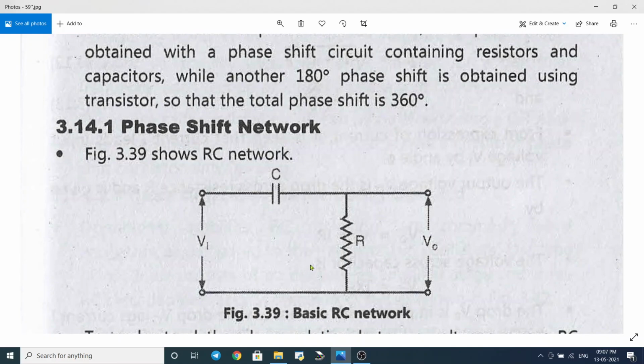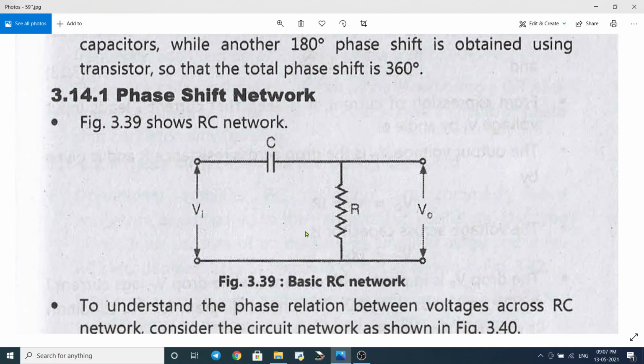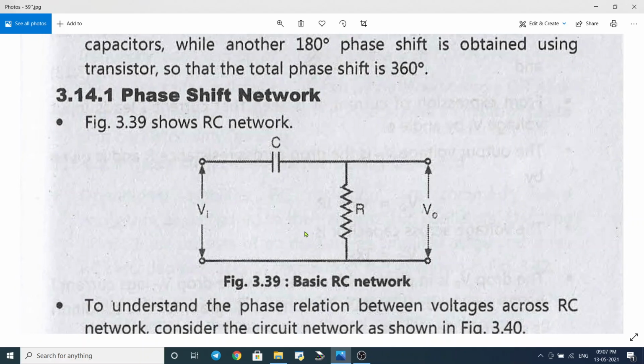This is the basic RC network. Input voltage is applied at these two terminals. Output is taken across these two terminals.